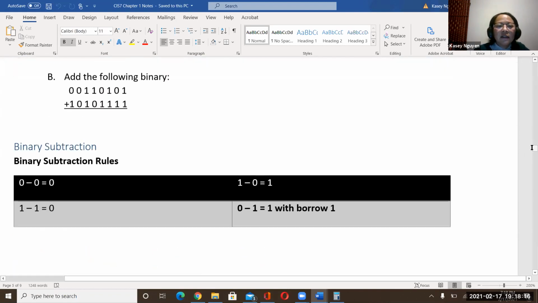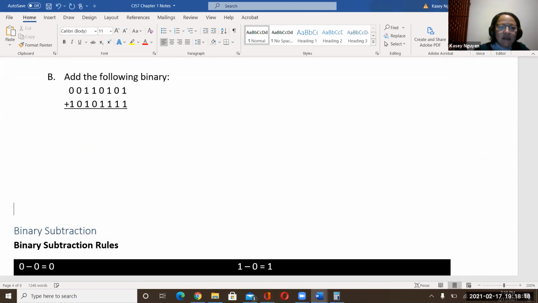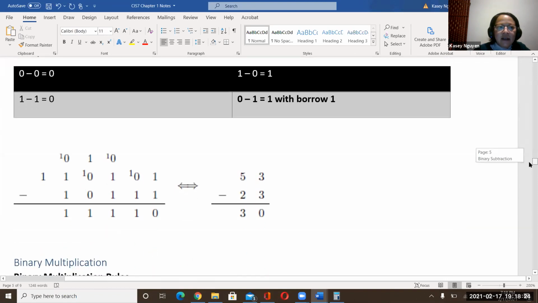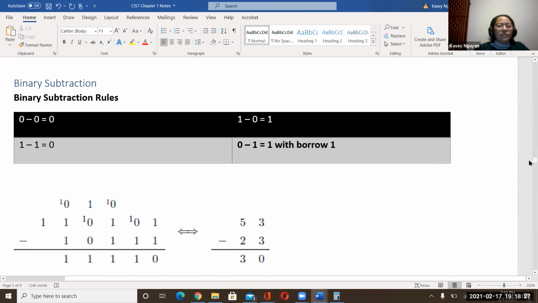Recall that the subtraction method is there. So this is the decimal equivalent, and this is our binary. We're going to take this binary and subtract this binary.